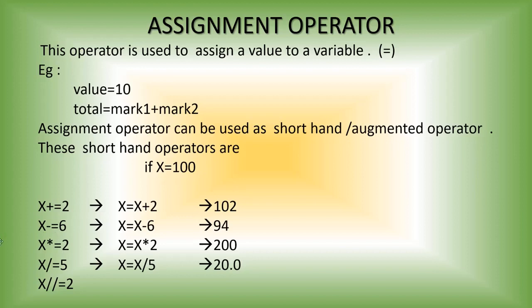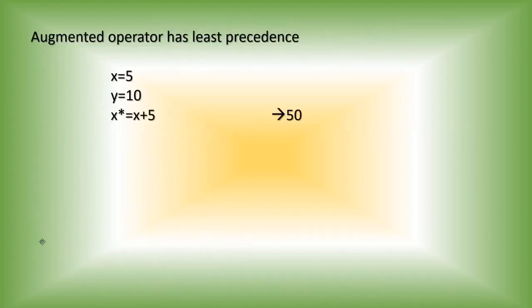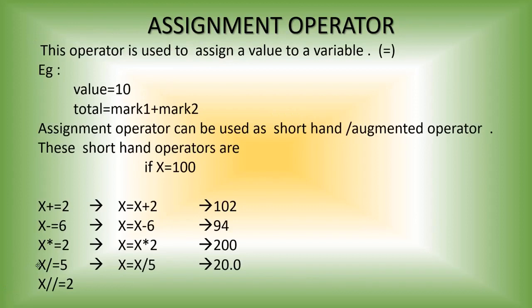Third example, x into equal to 2, that means x is equal to x into 2. x is 100, 100 into 2 is 200, and the new value 200 is given to the variable x. Now next is x division equal to 5, which is the same as x is equal to x divided by 5.